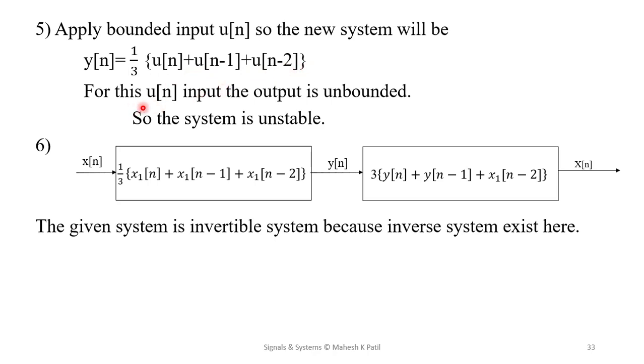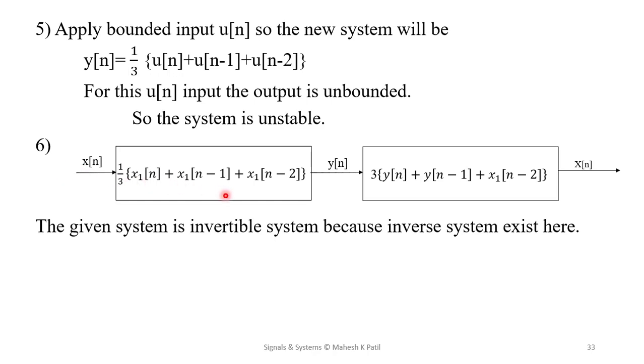For this unit step input u of n, the output is unbounded, because as n increases, the output is going to become a ramp signal here. So the system is unstable.